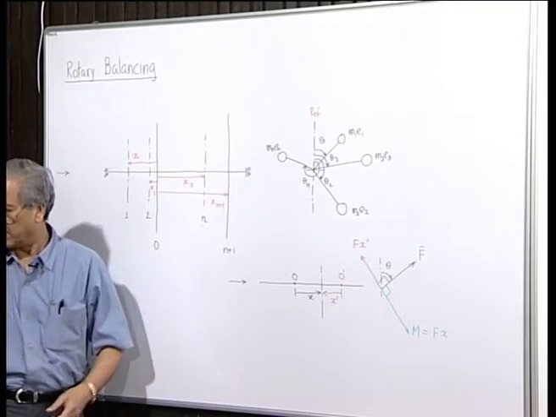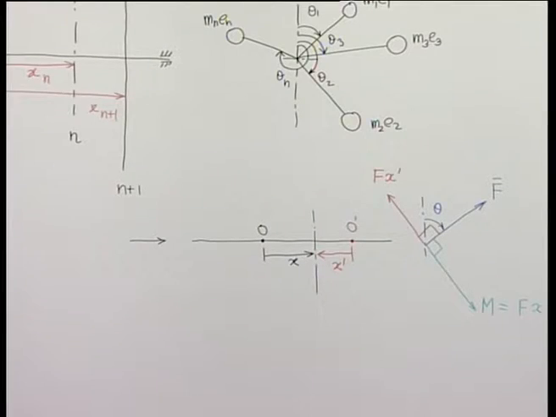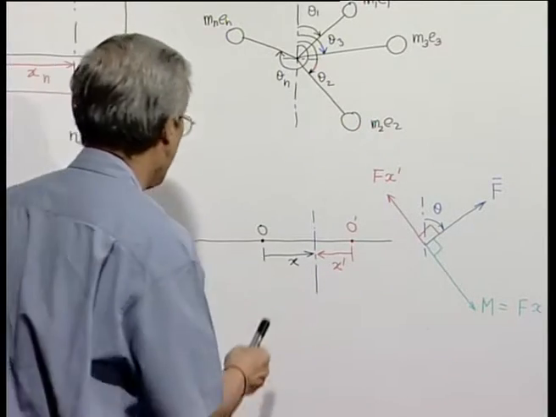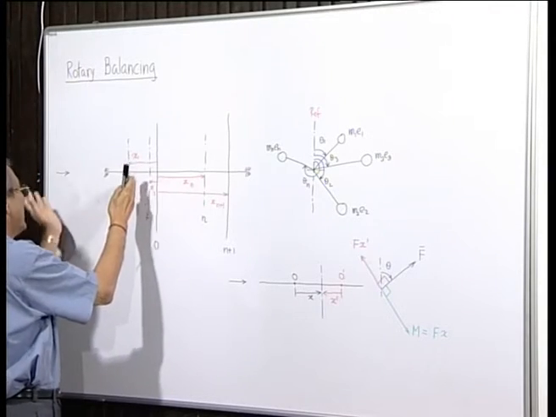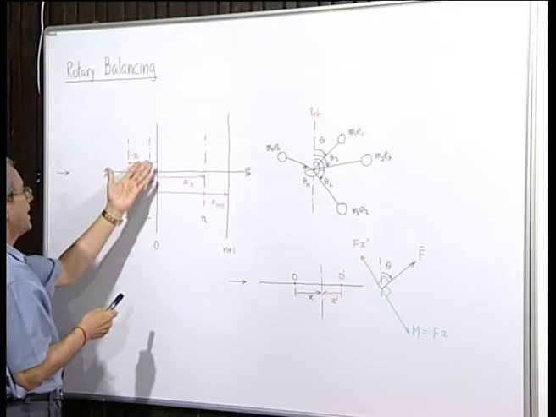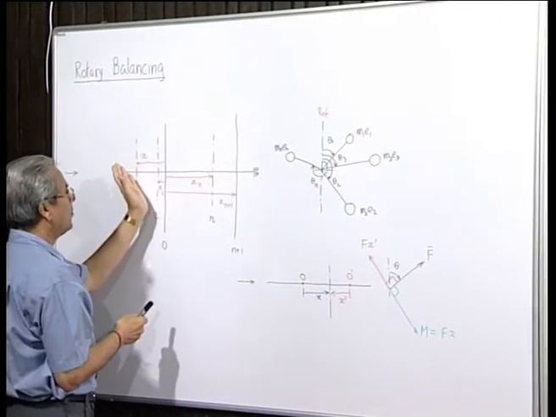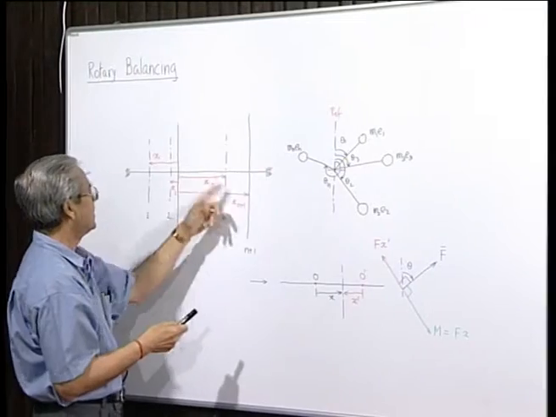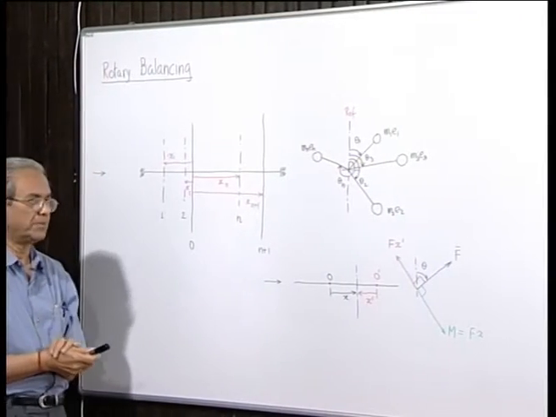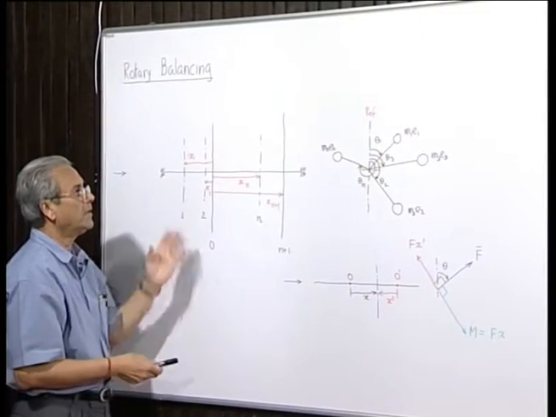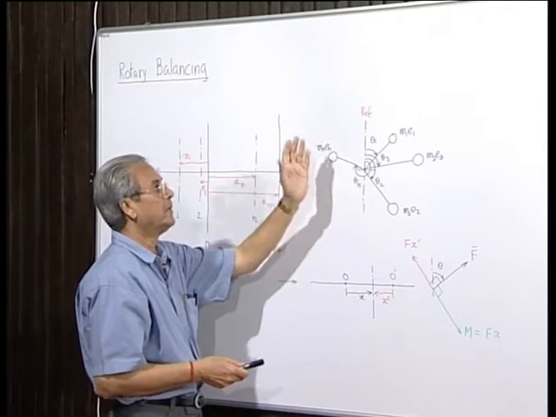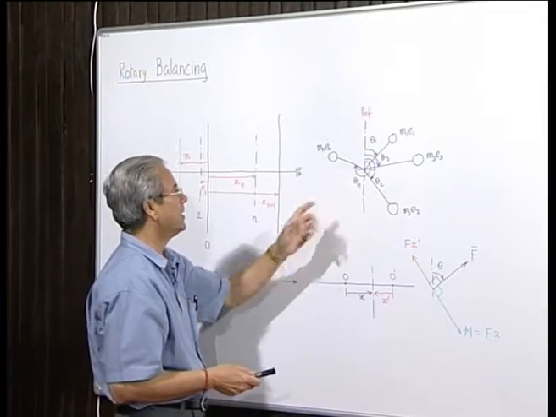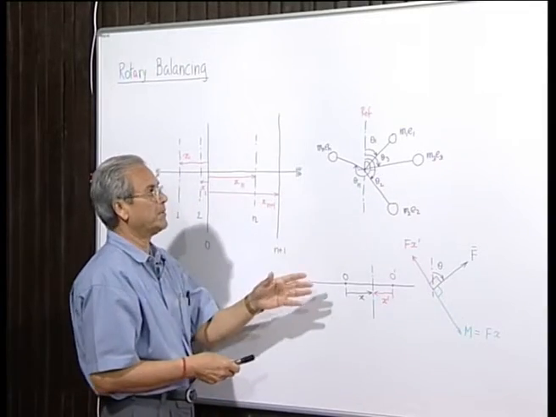So, therefore, what we can say is that we can ascribe a sign to this quantity x. When the force is towards left, we can consider such x values as negative, and when it is towards right, we can give this quantity a positive value, and the moments will be all leading the force vector by 90 degrees in the positive sense.